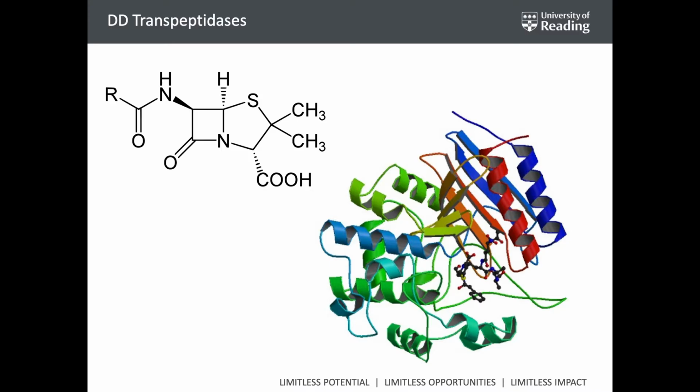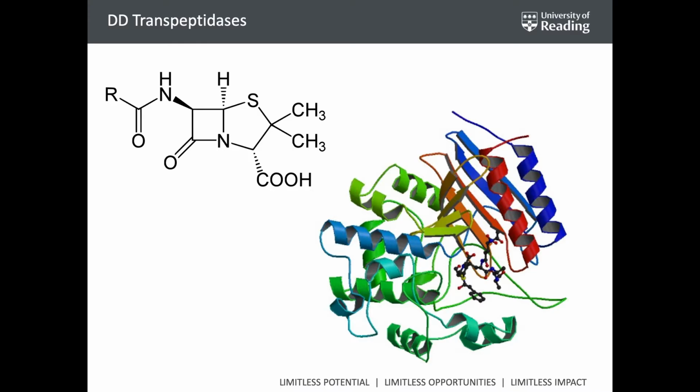And actually, we understand this in a great deal of detail. Clearly, the beta-lactams are one of the most important drugs in clinical use, given the impact that they've had on infectious diseases driven by bacterial infection. And so there's been a huge interest in really understanding this. What you can see here is a crystal structure for a DD transpeptidase. So this is the protein structure surrounding the active site.